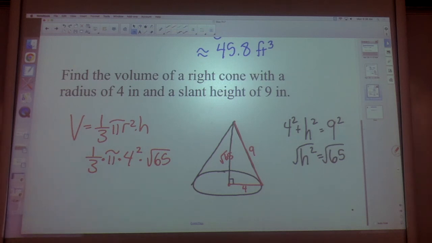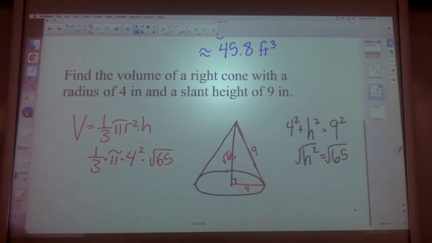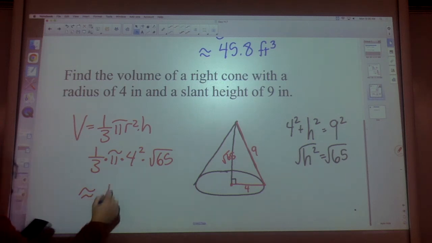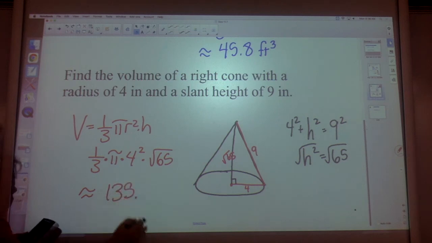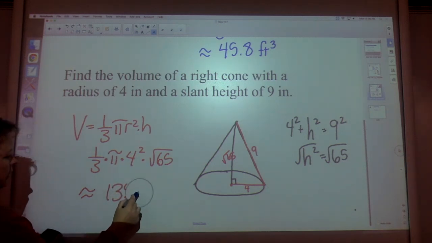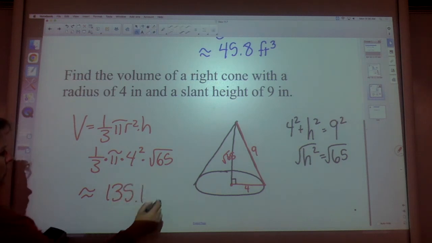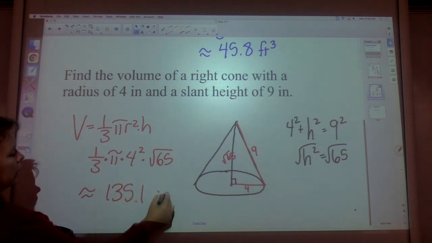We'll just go with the approximate answer. 1/3 times pi times 4 squared times the square root of 65 equals approximately 135.1, and we are in cubic inches.